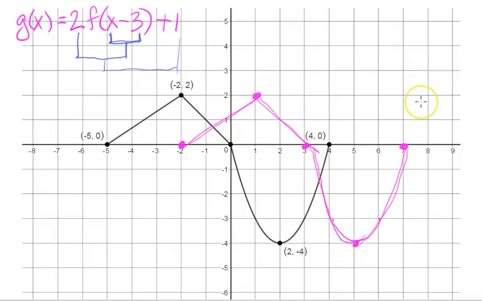Okay, now stretch everything, I'll use a second color for that, stretch it, the zeros stay where they are. Again, I'm going to run off the screen with the vertex of this bit that looks like a parabola.